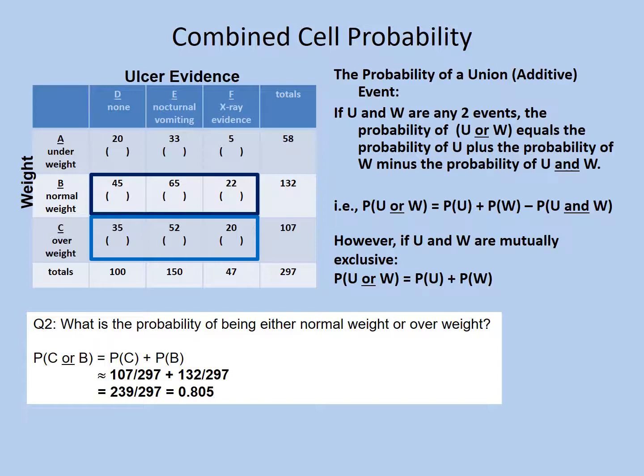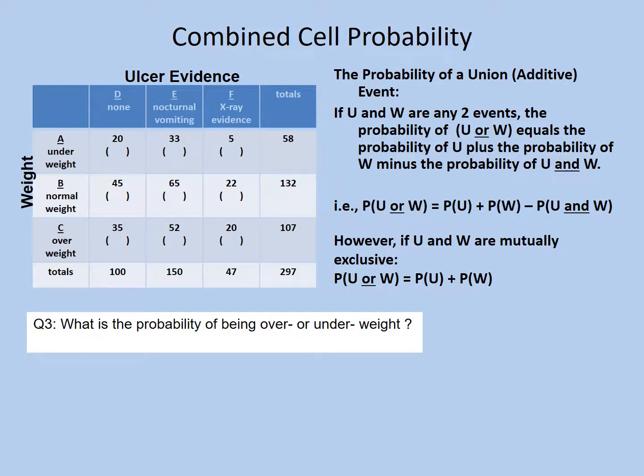Combining them, we get 239 over 297, which equals 0.805.